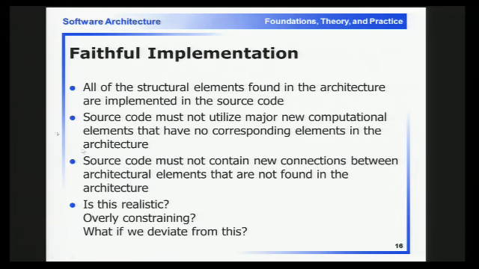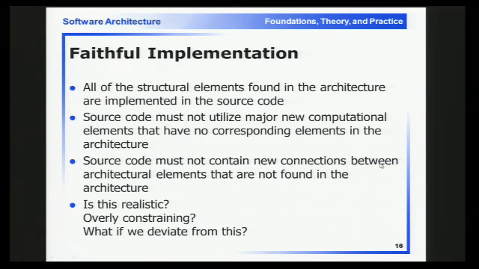Let's take a look at what is considered a faithful implementation. First, all of the structural elements found in the architecture should be implemented in your source code. The source code may not utilize major new computational elements that have no corresponding elements in the architecture.